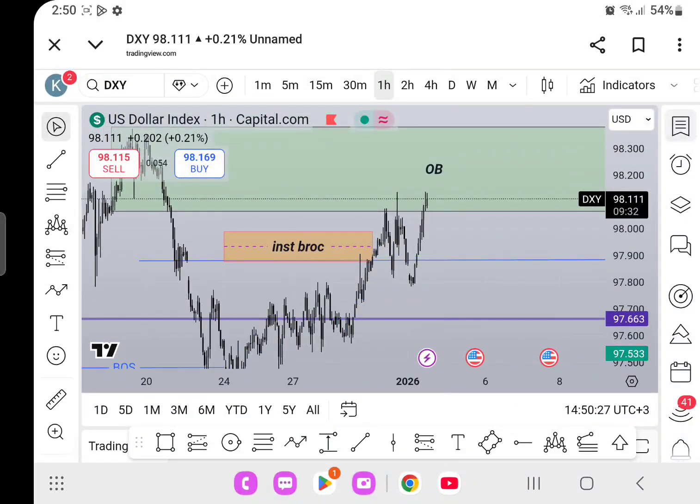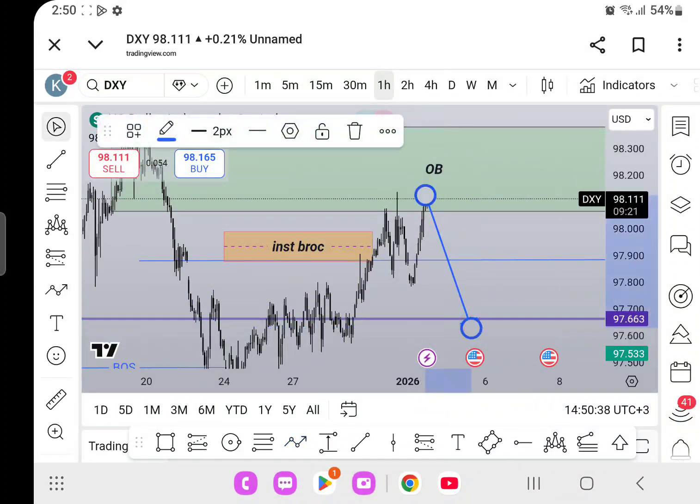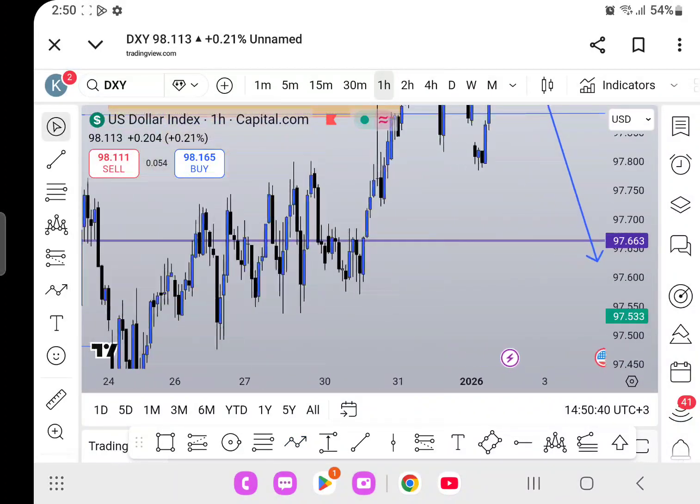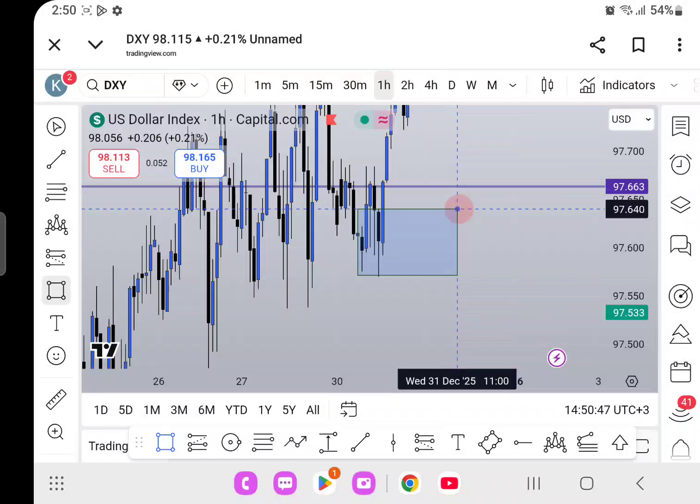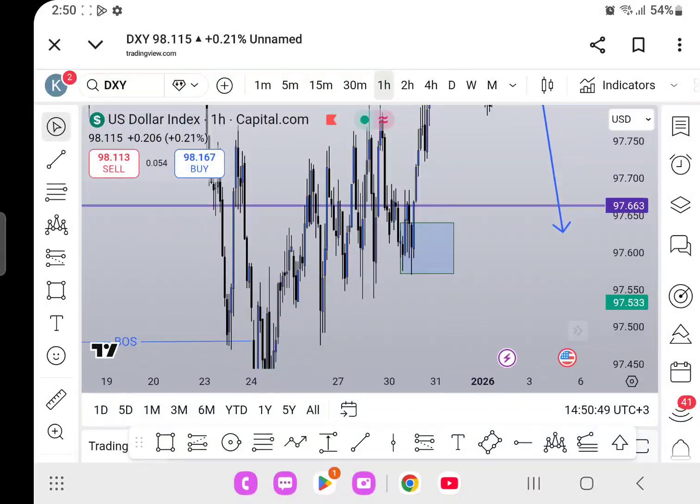So I need this dollar to come down from that point there, to come down around this area. I see at this area here a well drawn, a well made order block, guys.